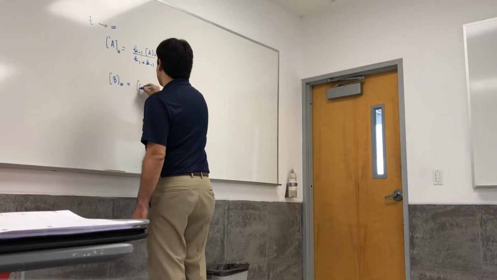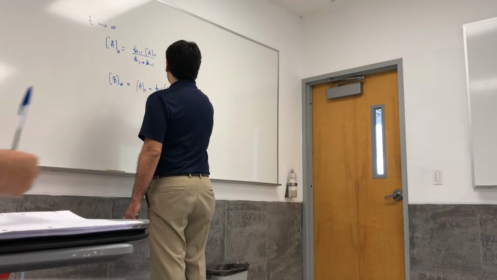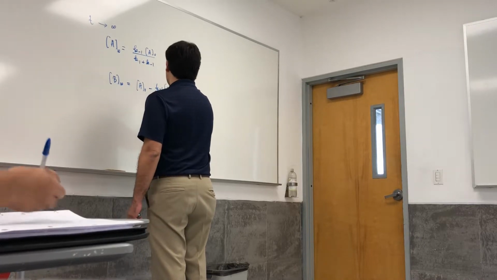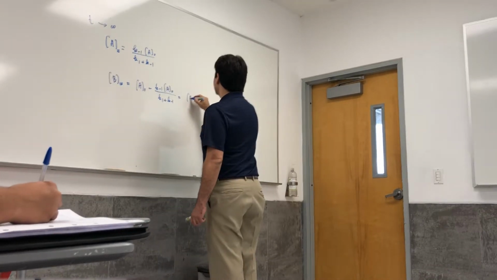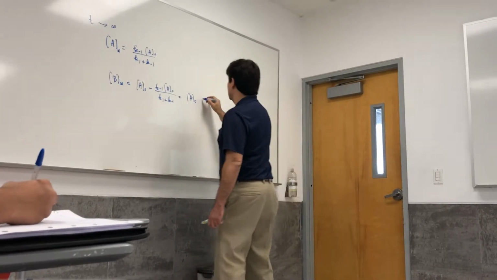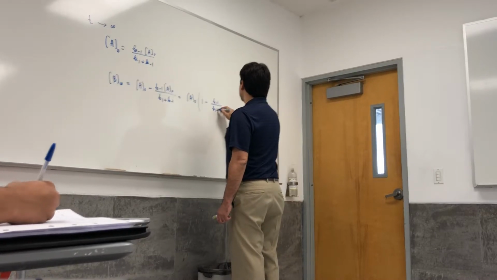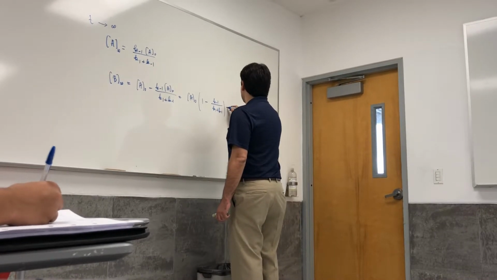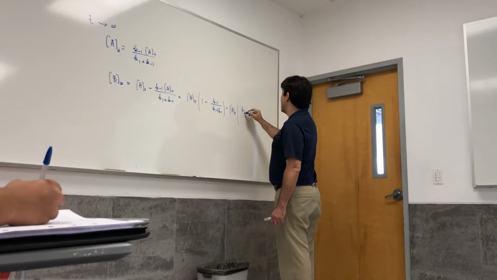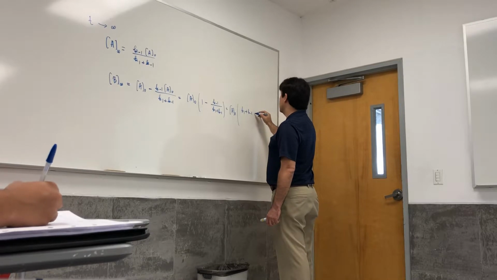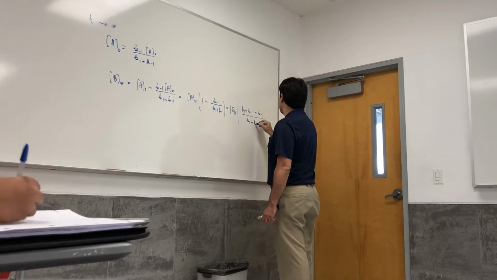That will be A0 minus this. We can factorize A0, and we will have 1 minus k minus 1 over k1 plus k minus 1, and this will be A0 times (k1 plus k minus 1 minus k minus 1) over (k1 plus k minus 1).